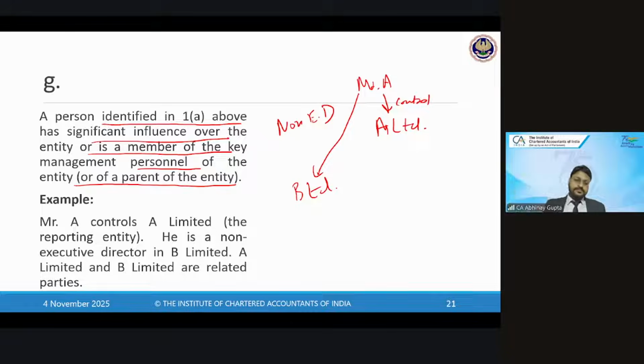Related? Yes. So for B Limited, Mr. A is also a related party.